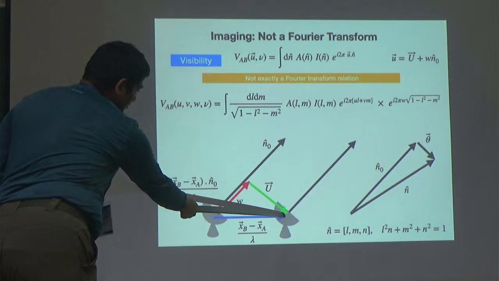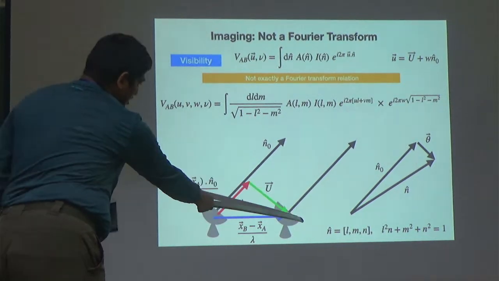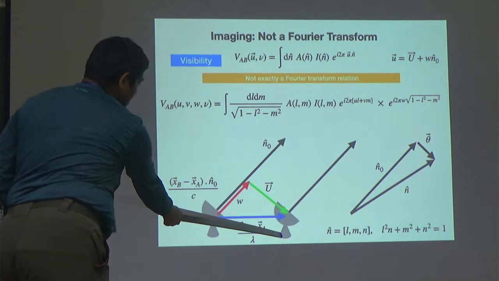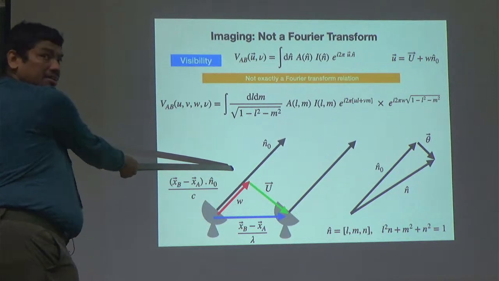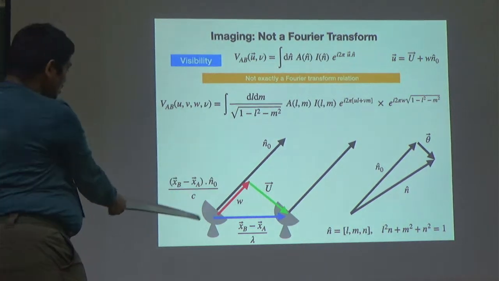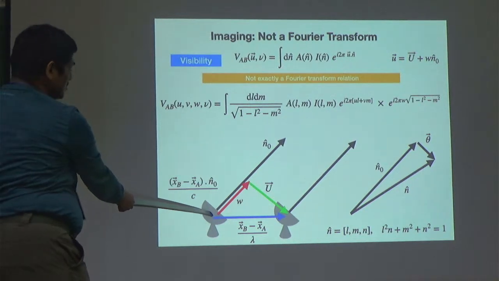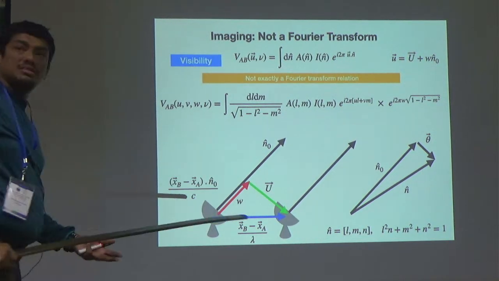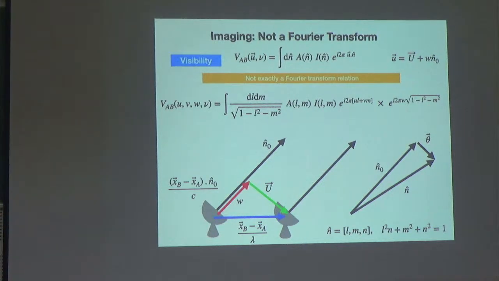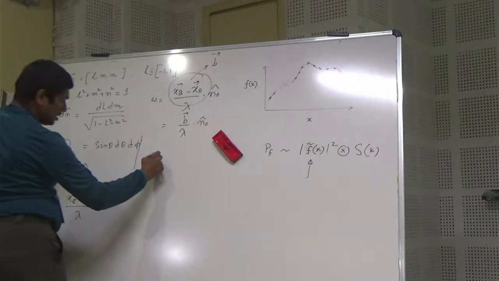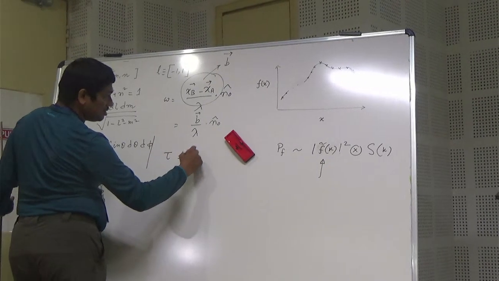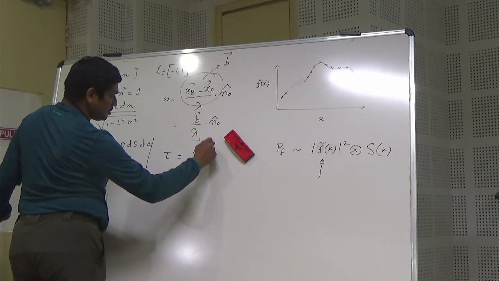So for the plane wave, the equal phase surface will be like this. So the same phase will reach this antenna earlier than that antenna. How much will that be? Well, that will be again given by xb minus xa dot n0 cap, which is this distance, divided by c. Right? So that is the delay that happens to reach the antenna. So that tau is again b dot n0 cap by c.